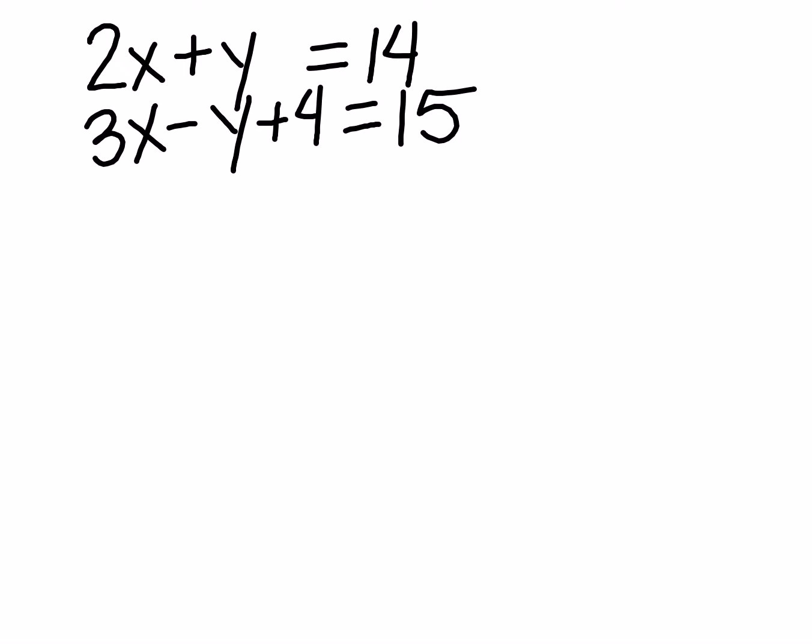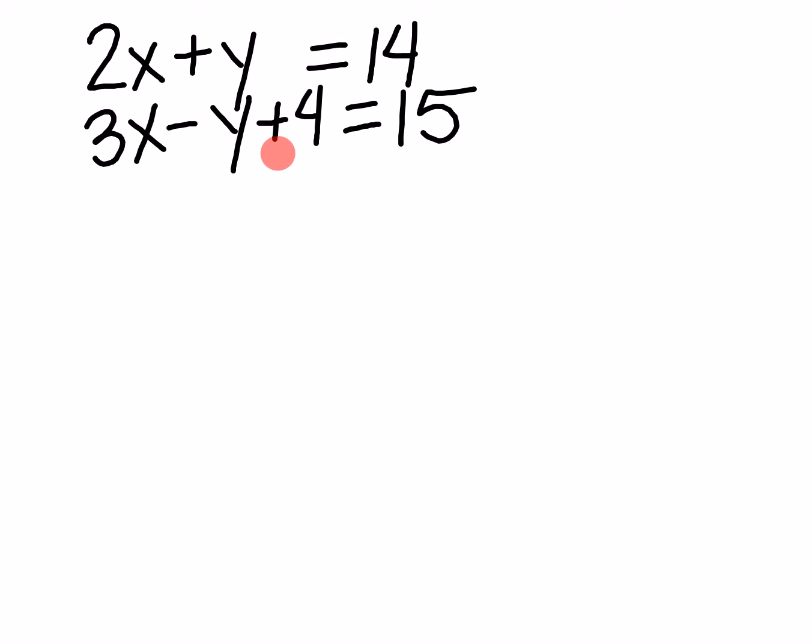Let's apply the elimination method to another system. With this particular system, I do want to line everything up vertically. I want my x's to line up, my y's to line up, and then my constants to line up. But I do notice I have a plus 4 on the left-hand side. To line up my constants, I want to move that plus 4 from the left side to the right.